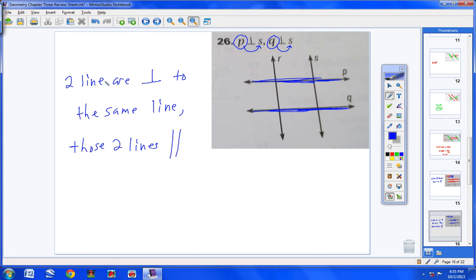So, if two lines are perpendicular to the same line, then those two lines are parallel. That's a theorem that we learned. So, P is perpendicular to S, Q is perpendicular to S, P and Q are both perpendicular to the same line S, so P is parallel to Q.